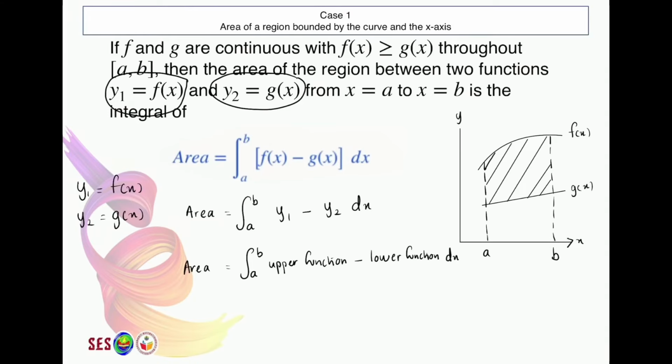So this is how you remember the formula. In our case right here, you take the upper function, which is f(x), and you subtract g(x), which is the lower function.